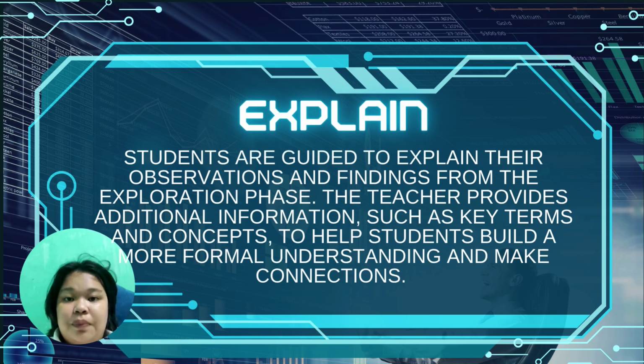For example, the teacher facilitates a class discussion where groups share their observations. The teacher then introduces formal vocabulary such as magnetism, poles, attraction, and repulsion, linking these terms directly to students' hands-on experience.